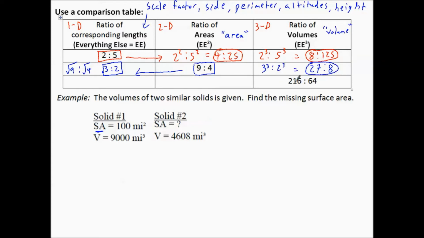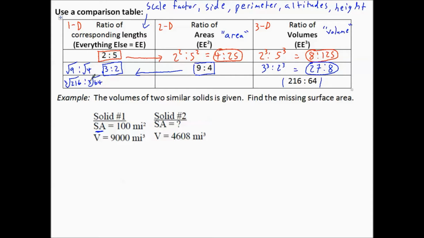Same idea when you're down here. If you are in this part of the chart, we are already cubed compared to our original everything else, our scale factor. So to undo a cube, cube root those two numbers. The cube root of 216 compared to the cube root of 64.